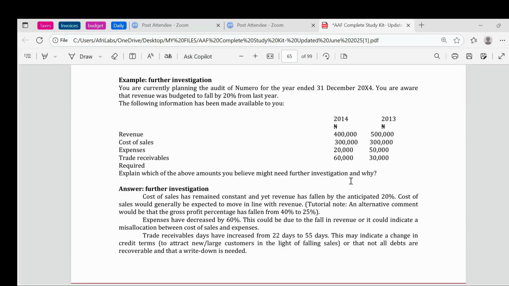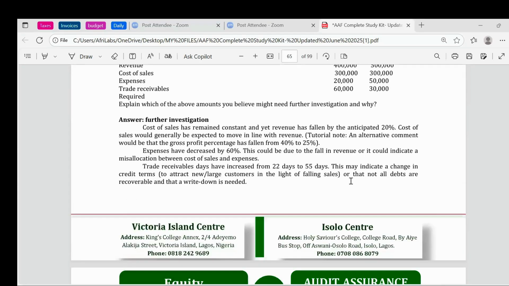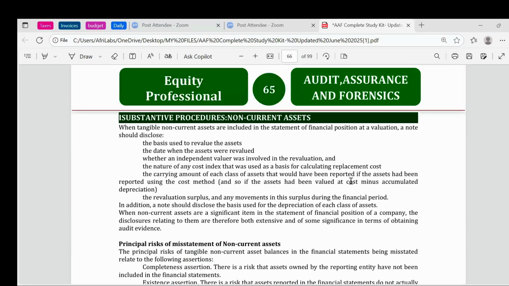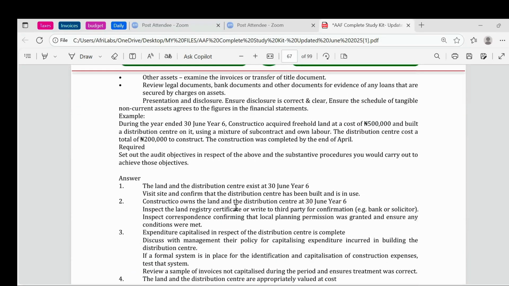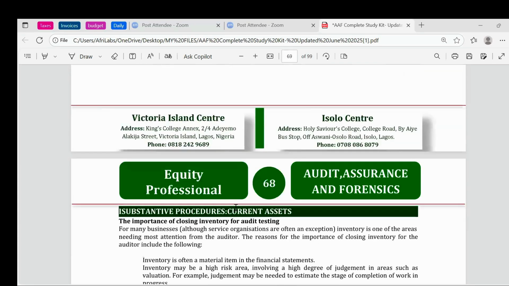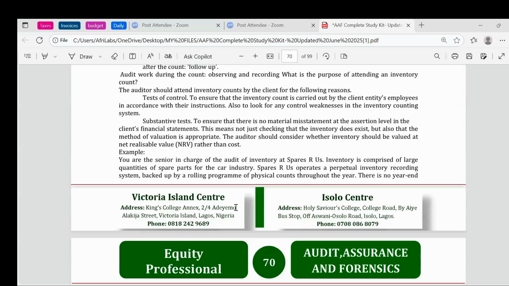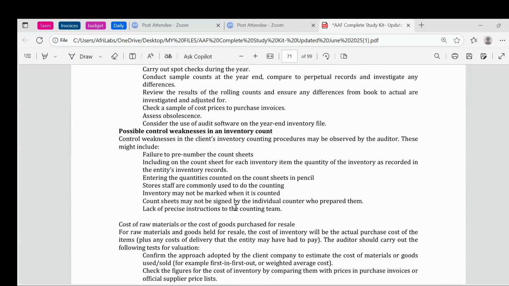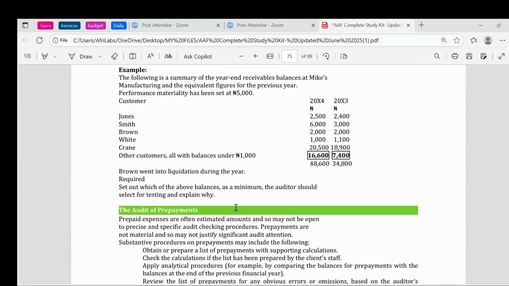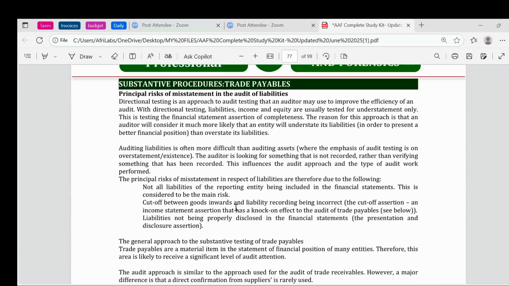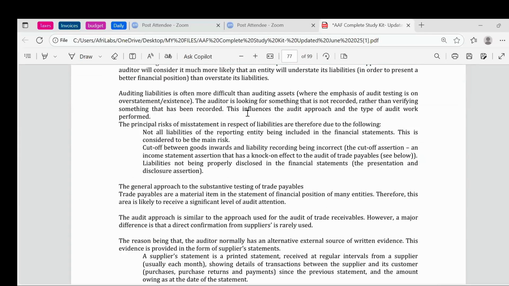So let's go to the chapter that I'm supposed to pair this with, which is substantive tests for other areas. They call this substantive tests for other areas because some items may not be clearly SOFP and they may not be clearly income statements, like trade payable.